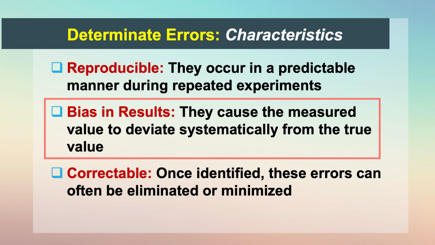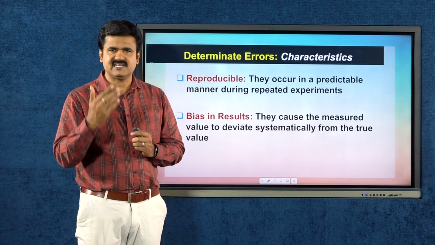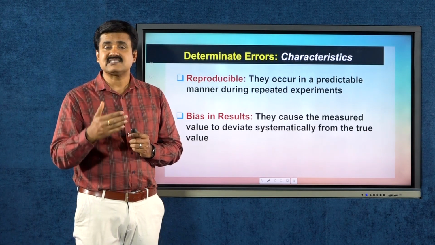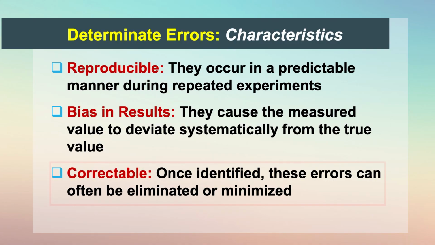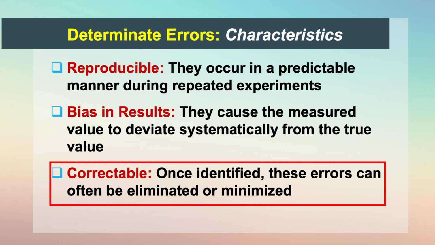The second characteristic feature is bias in results. The determinate errors cause the measured value to deviate systematically from the true value. That is, it leads to bias in analytical results. Now, the third characteristic feature is the correctable nature of the determinate error.